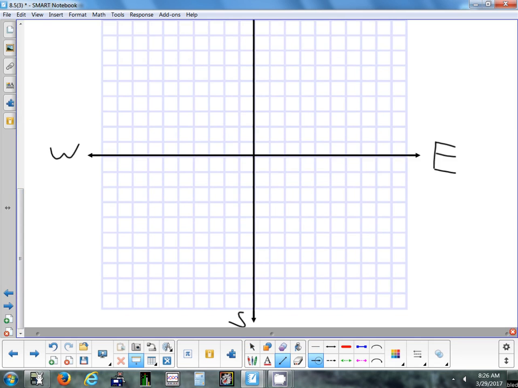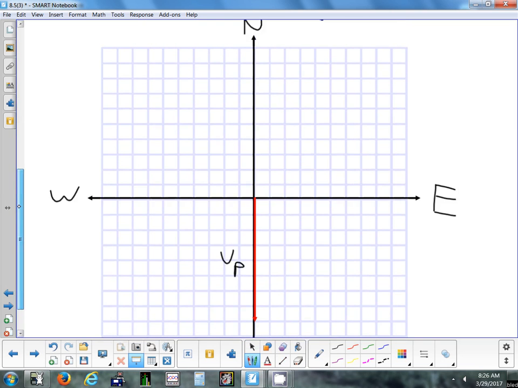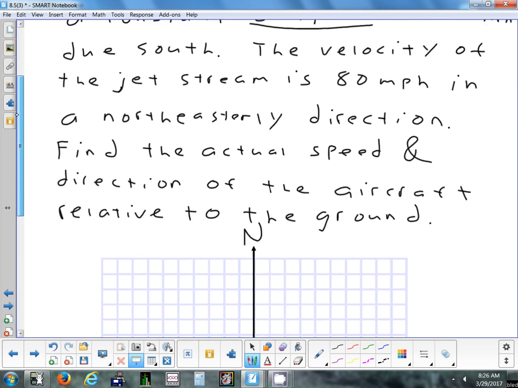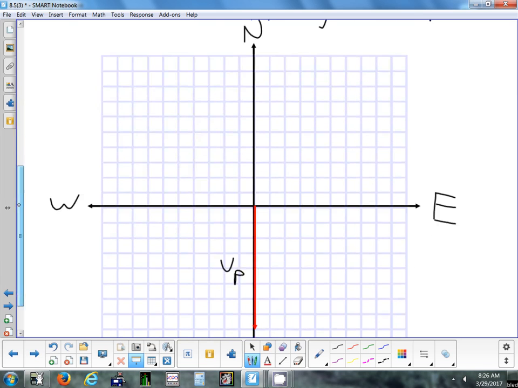All right, so I'm going to put in the plane flying 500 miles an hour south. It's not to scale. Okay, but that represents the velocity vector for the plane. So I'm going to call that V sub p. Okay, and then I have, let's see, the jet stream is 80 miles per hour northeast.